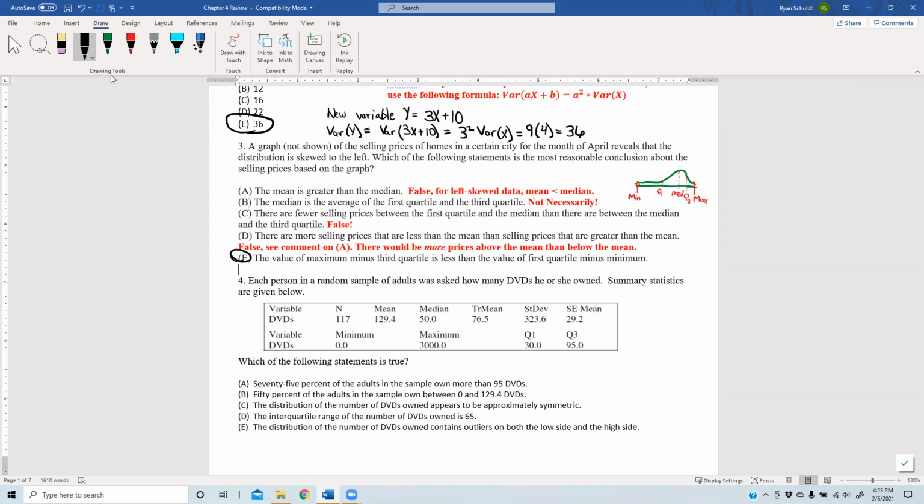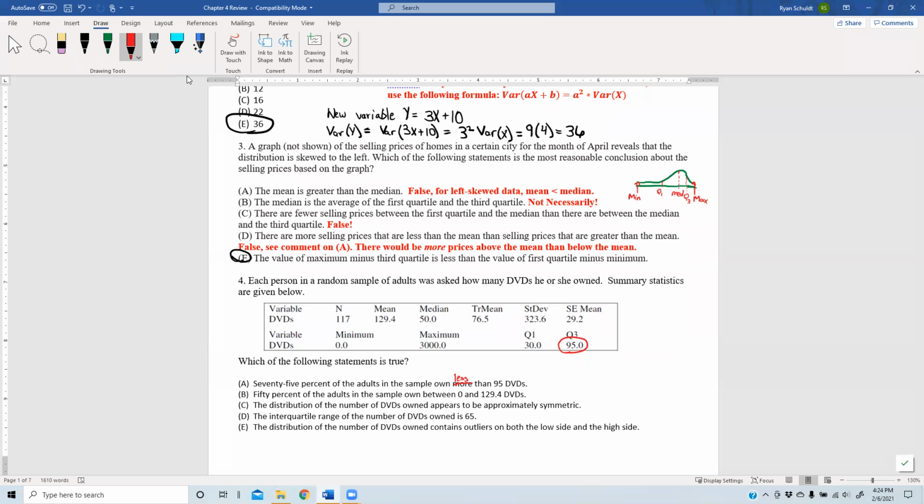A says that 75% of the adults in the sample own more than 95 DVDs. Q3 is 95. So it wouldn't be 75% of the adults in the sample own more than 95. It would be own less than 95. So A is out.